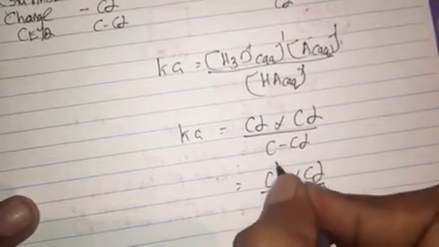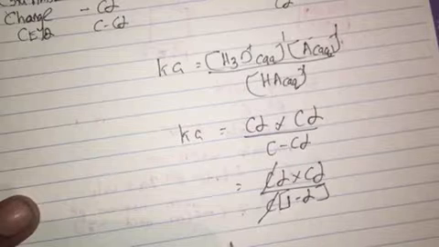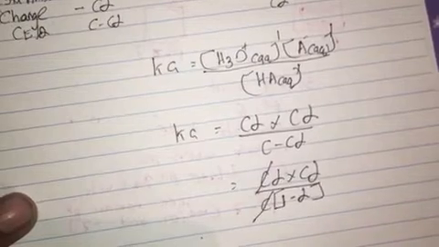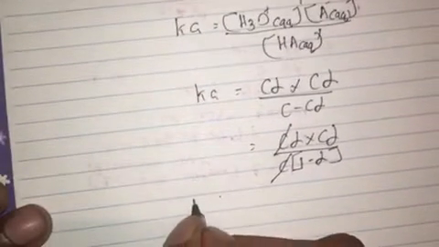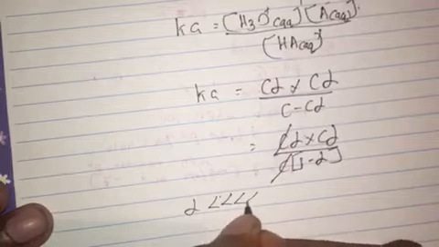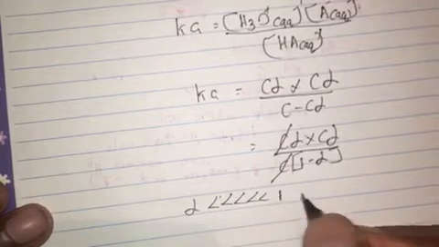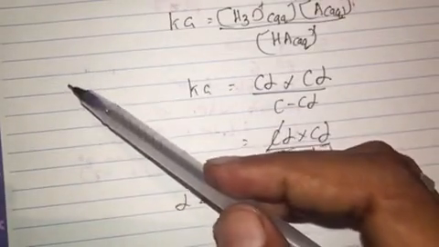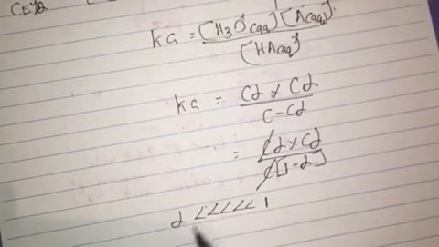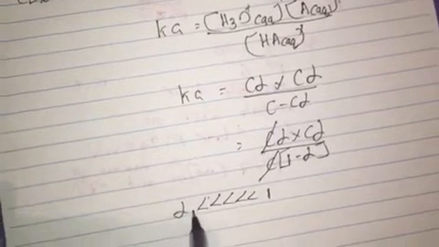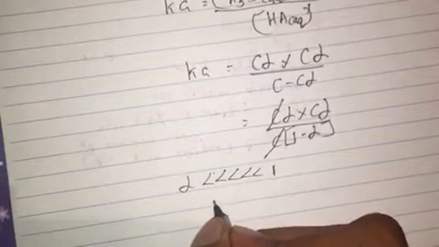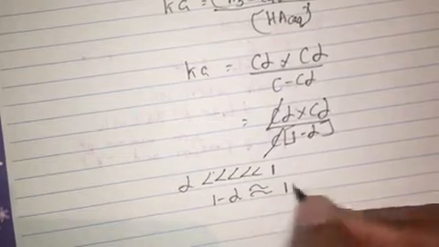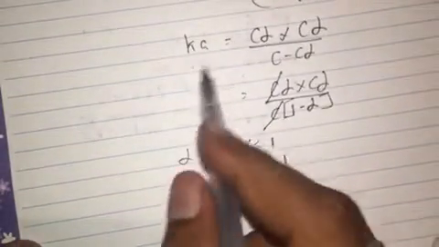Now we can cancel out C. The degree of dissociation alpha is a very low value compared with 1. Normally for weak acid the degree of dissociation is very low compared with 1, therefore we can write 1 minus alpha similar to 1.